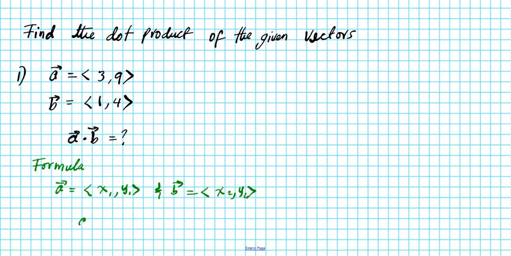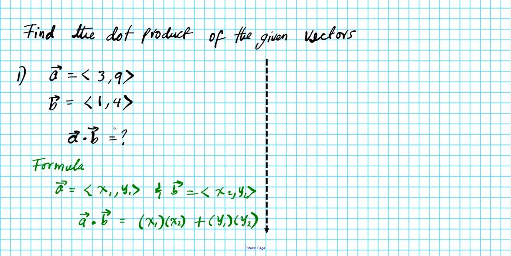Then the dot product of the two vectors, A dotted with B, is a scalar quantity given by the product of the x's, x1 times x2, plus the product of the y's, y1 times y2. So you want to recollect the fact that anytime you multiply vectors, your final result is a scalar quantity. It's no longer a vector. Okay? That's why the answer is not in component form.